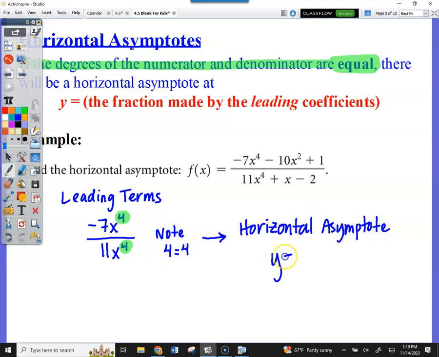And the answer is the equation of the lead coefficients. You literally wrote it right here. It is negative 7 over 11. Now you do need to know that these are usually ugly, but they're simple. You just pull those numbers. That's it.